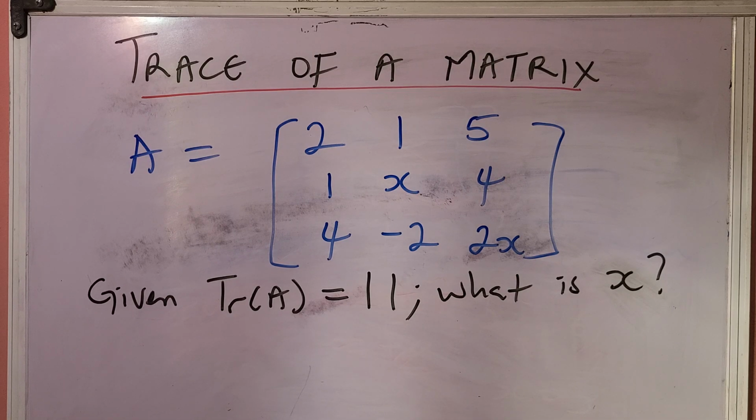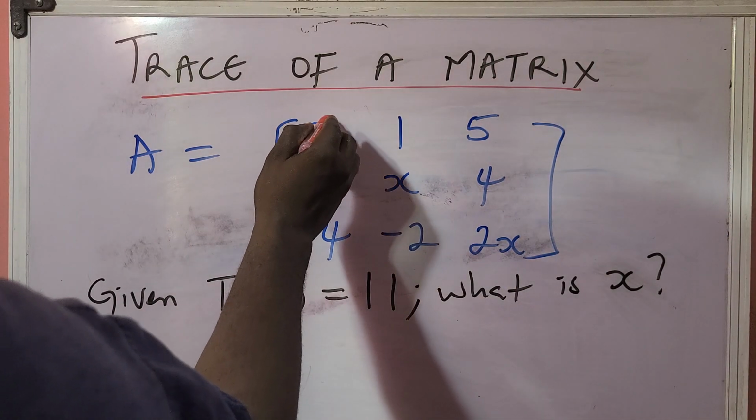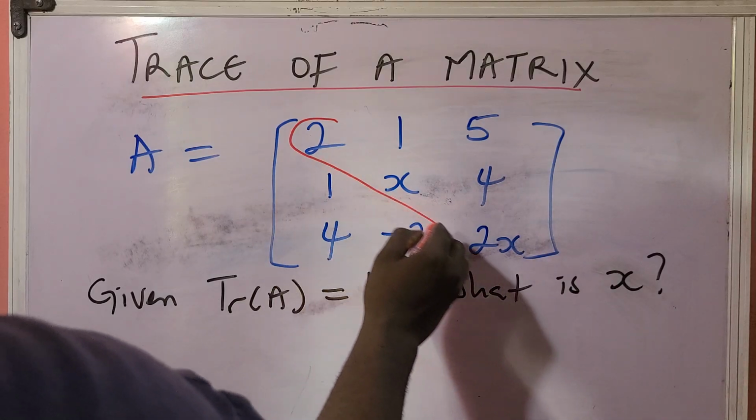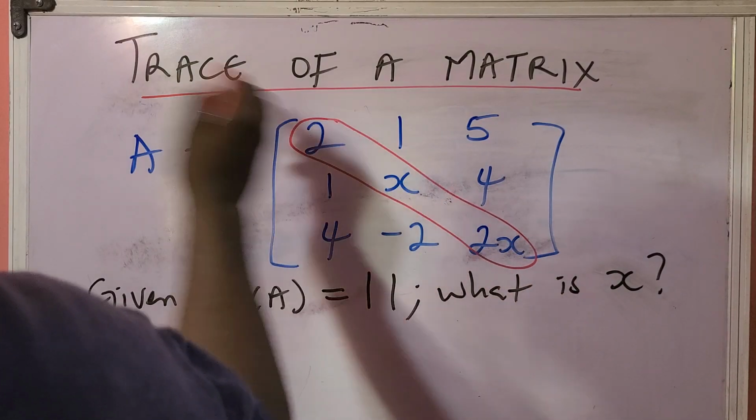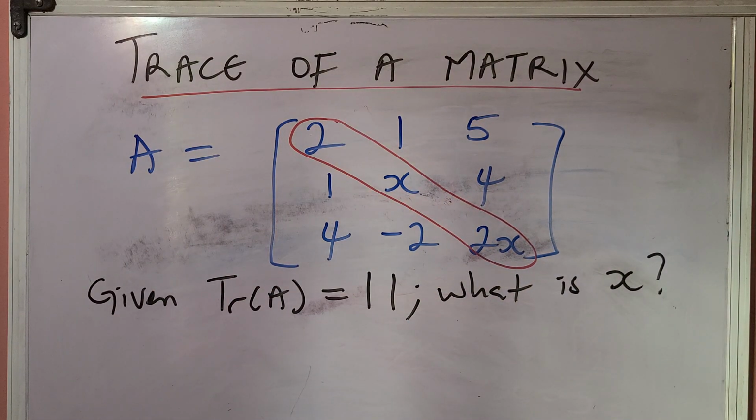Now, you need to be able to, first of all, understand what the trace of a matrix is. And before you know the trace of a matrix, you have to know the leading diagonal. I already said the leading diagonal is the diagonal that stems from the top left to the bottom right. So therefore, we've been able to identify our leading diagonal.